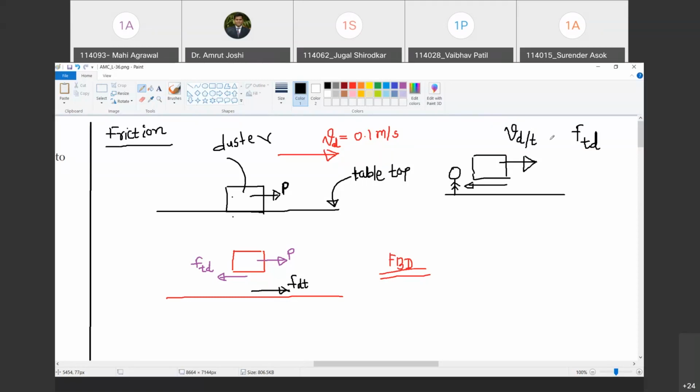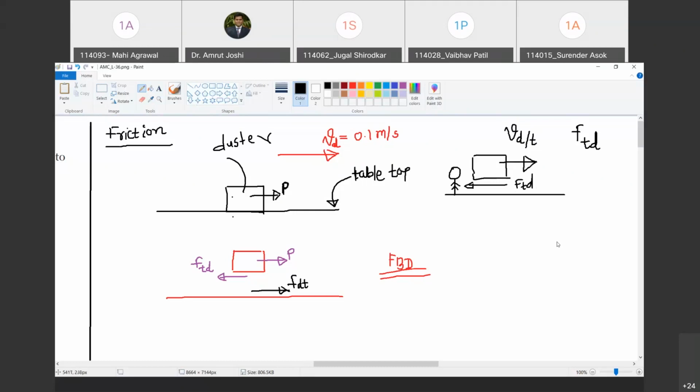Are you with me? Yes, sir. This is called the relative velocity of the duster with reference to the observer sitting on the table. So the observer is on the table. The frictional force is to be applied by the table on the duster. The observer is going to observe the relative velocity of the duster with reference to the table, and the frictional force will be in the direction opposite to that. Are you with me? Yes, sir.